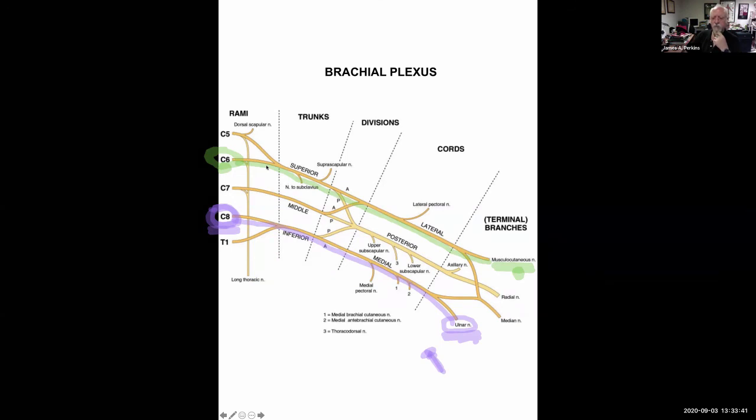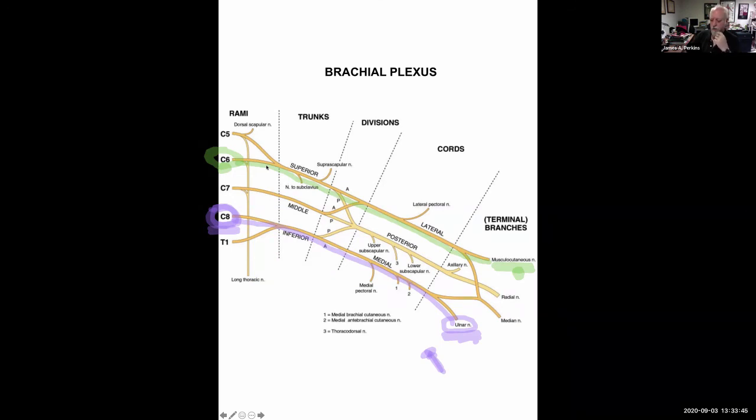This sort of understanding of the distribution of sensory nerves in the upper limb, the lower limb, and the body is really critical for neurologists who are trying to understand nerve injuries. Because let's say you had a loss of sensation from your pinky finger.